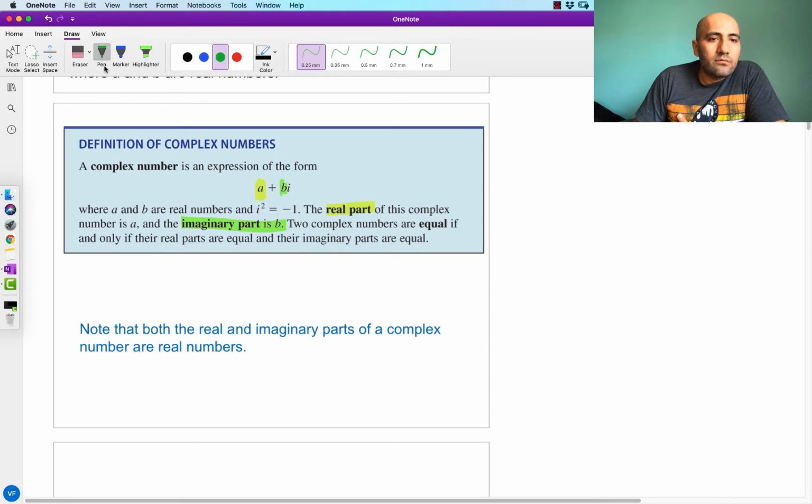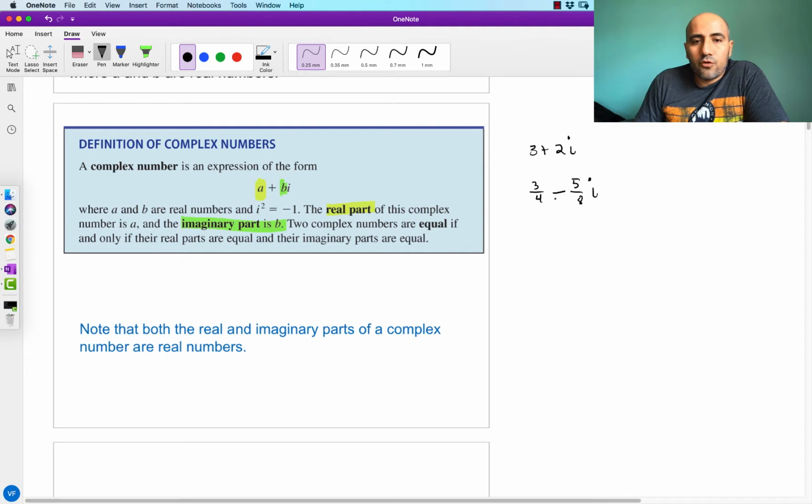So for example, just to write down some quick little examples of things that fit this form, we could have the complex number 3 plus 2i. Then the real part's a 3, the imaginary part's a 2. Good. It could be 3/4 minus 5/8 i.